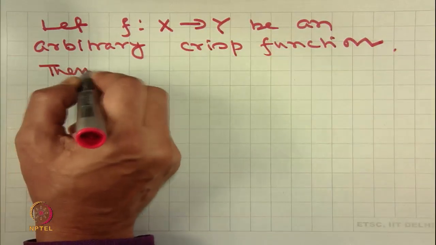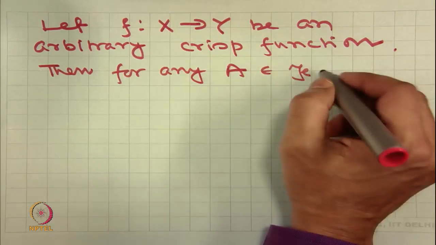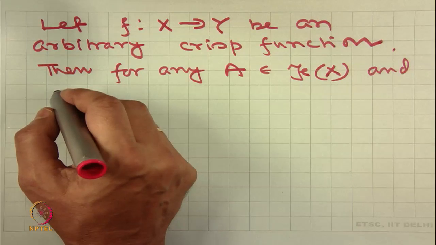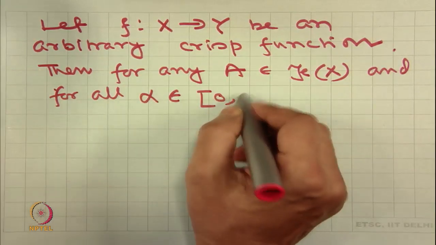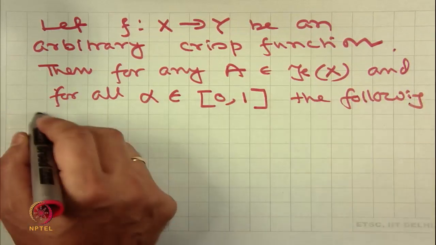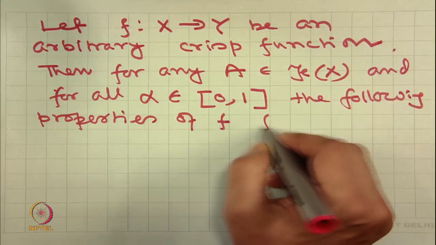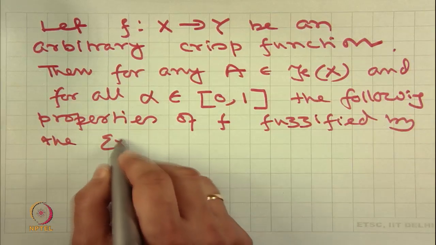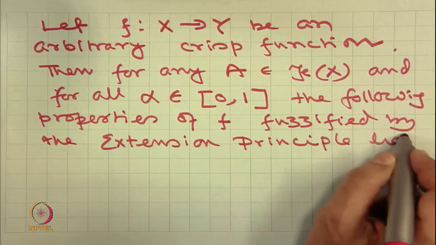Then for any A belonging to F(X), that is A is a fuzzy set defined over X, and for all alpha belonging to [0, 1], the following properties of f fuzzified by the extension principle hold.